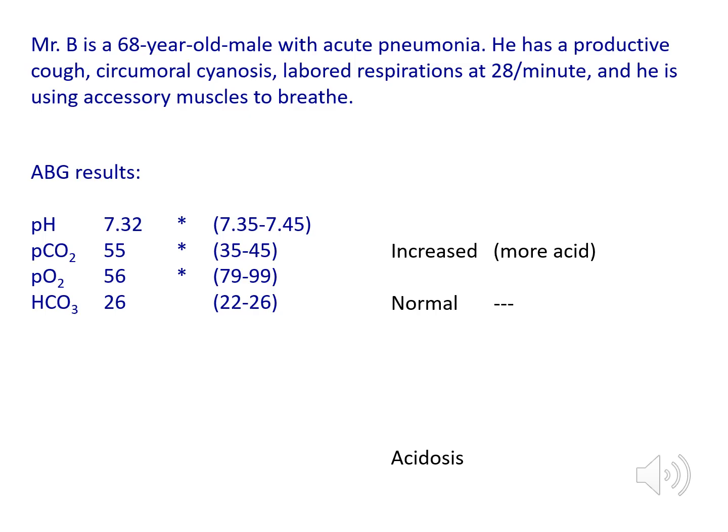And if your PCO2 is too high, is that going to make you more acid or more alkaline? Well, remember, CO2 is carbonic acid, basically. So when the CO2 is high, it's going to make us more acid. Okay? What about the bicarb? Bicarb is normal, right? So that's not going to make you either acid or alkaline.